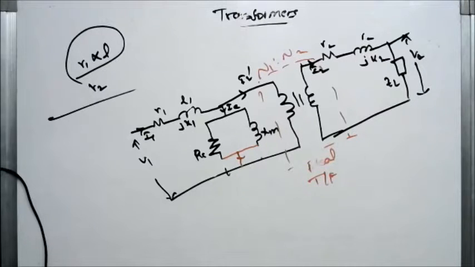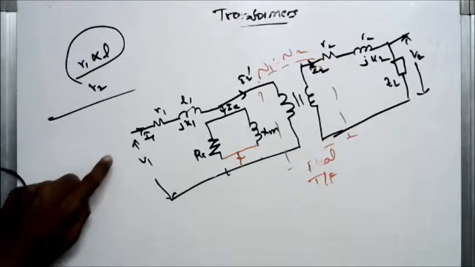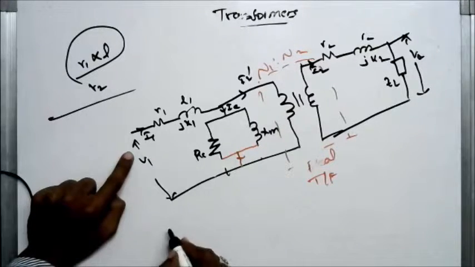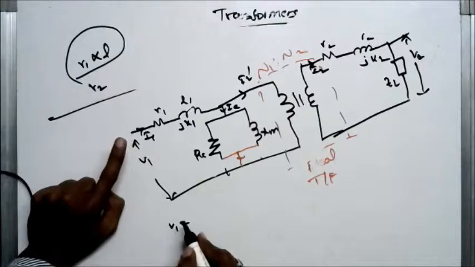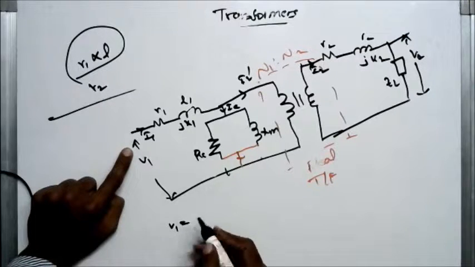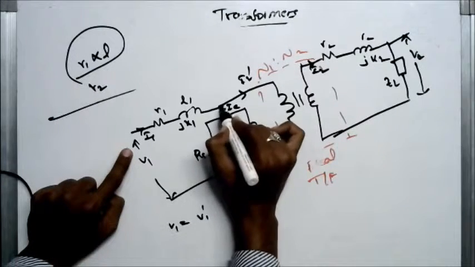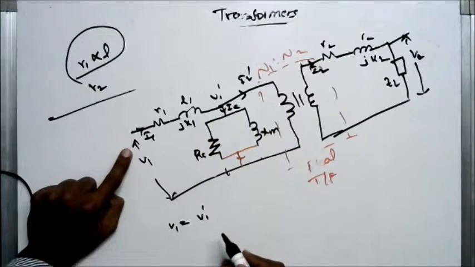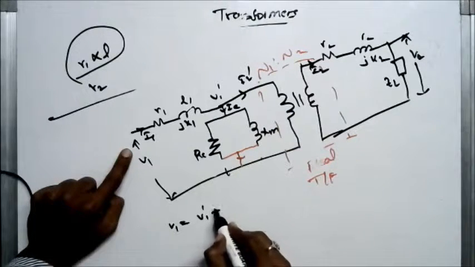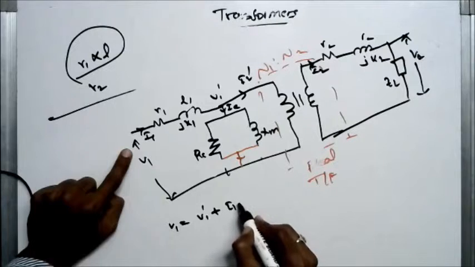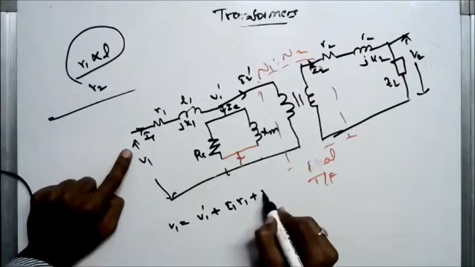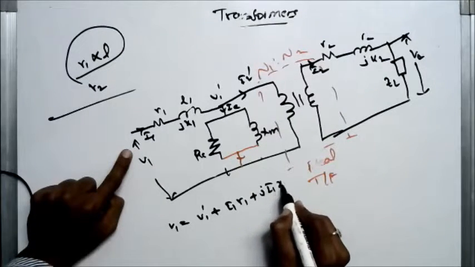Coming to the phasor diagram. First I will write the equations and then we will go to the phasor diagram. From this we will write V1 is equal to V1 dash. I will write this node voltage as V1 dash. V1 dash plus I1 into R1 plus j into I1 into X1.